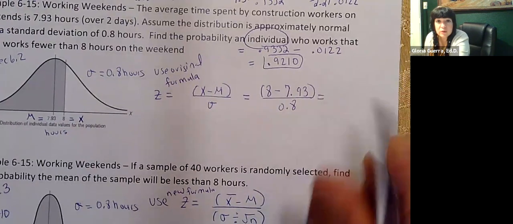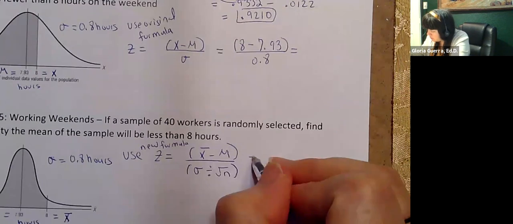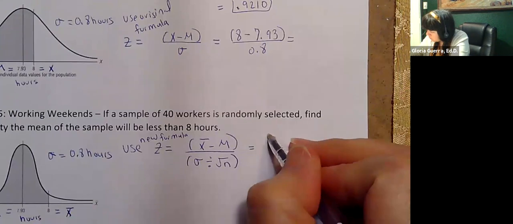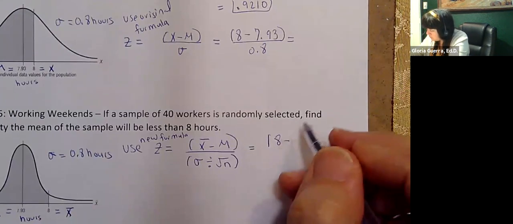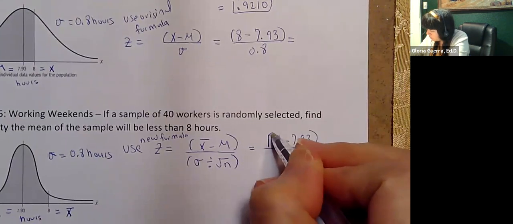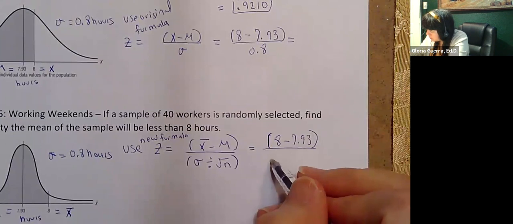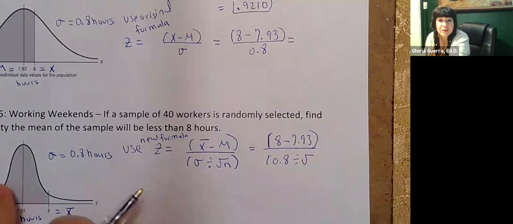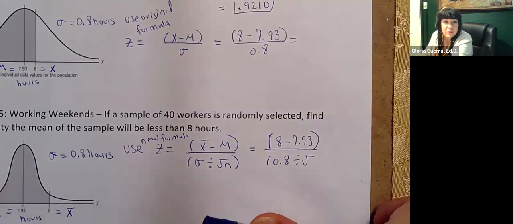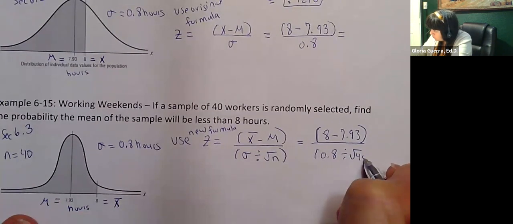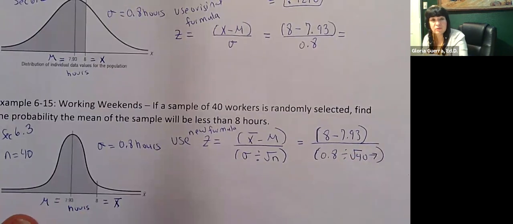Whereas down here, your x bar is going to be, see right here, 8 minus mu, which was also 7.93, and then sigma is 0.8, but then divided by the square root of n, which is the new formula, and n is 40. Do this and then close it. See that? So you have to be careful.